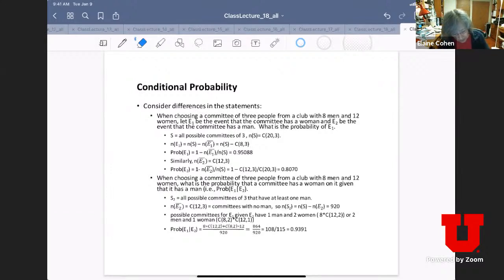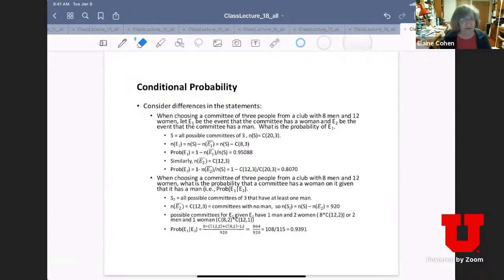So what we look at this and say, well, what are the set of all possible committees? Well, that's the number of combinations of 20 choosing 3, because we're taking all people, taking all subsets of 3. Okay, notice there are no repeats. They all may be men, but they're different men, different women.